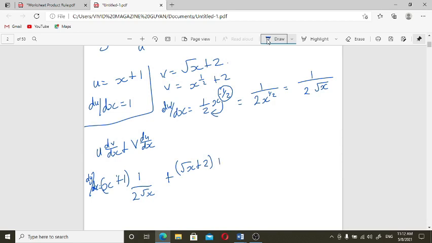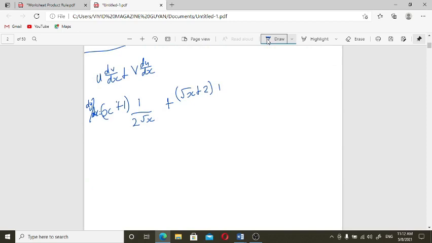So this is just itself. So going back to the front here now, this is equal to (x plus 1) over 2 root x, plus the root of x plus 2. And that's how they actually have it. But this can be worked out more, as you see in later problems. They actually want you to work it out.